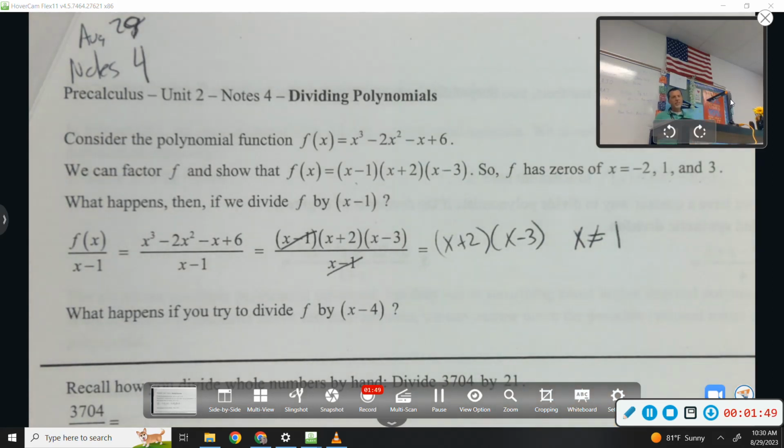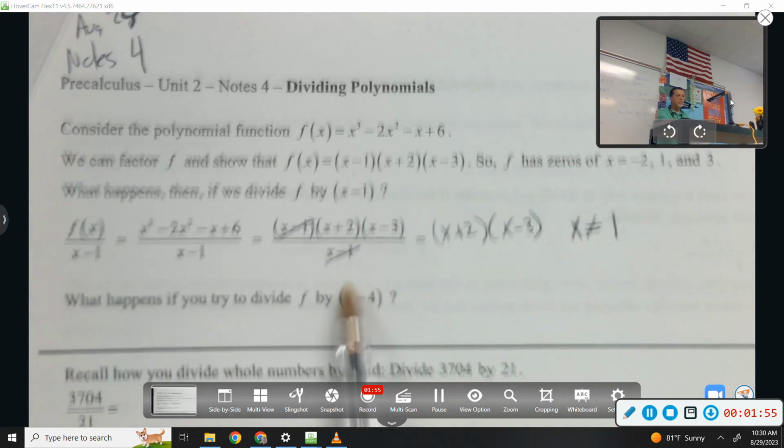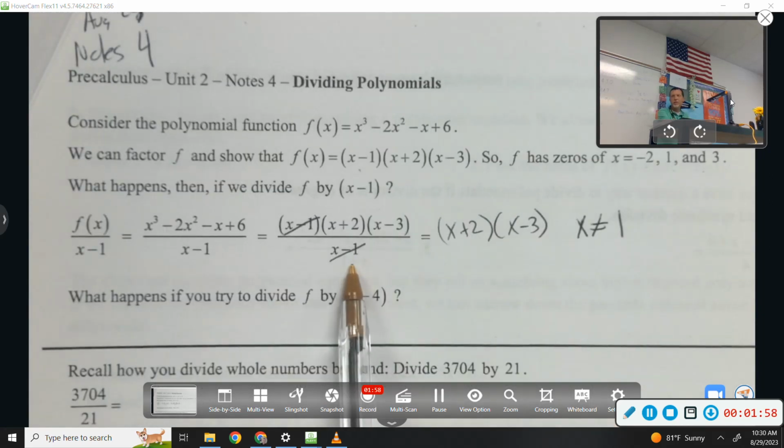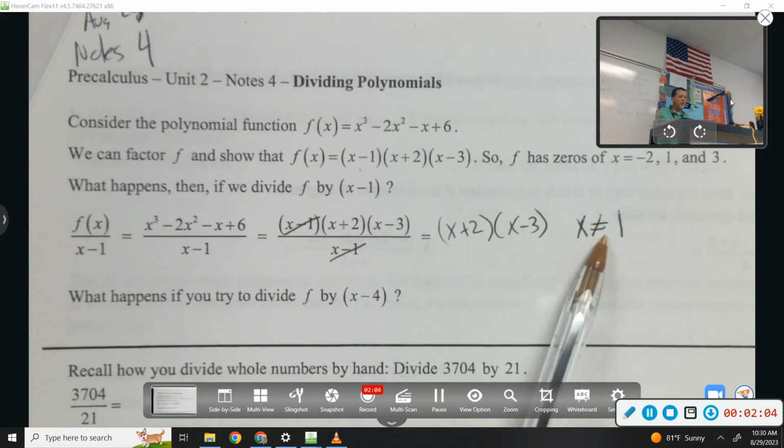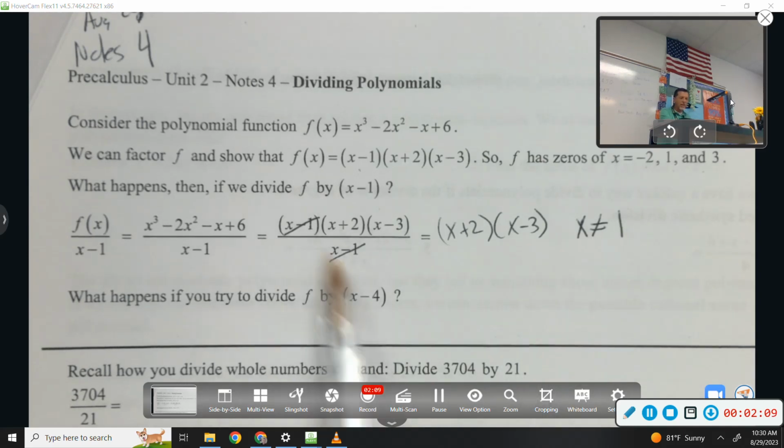So you can cancel, but if you cancel, then you have to explicitly say x can't be 1. It's sort of implied when there's an x minus 1 in the denominator. You can't divide by 0. Once you cancel it, that's fine, but now you've got to make a note of the fact that you can't divide by 0, even though it's not there anymore. X can't be 1.